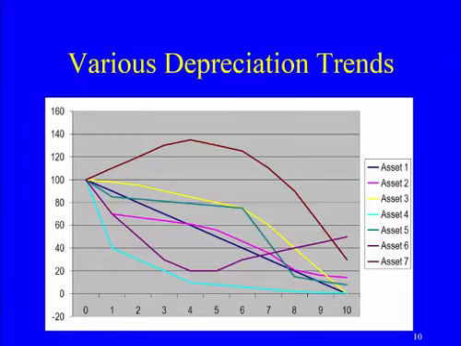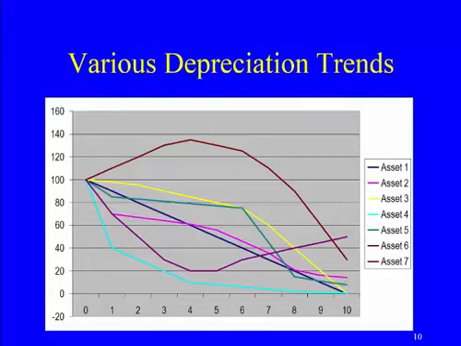We now come to the seventh asset under consideration, and this one has an even more extraordinary depreciation character, where from new its value actually increases and continues to increase over a period of years until it reaches a peak. Thereafter, its value falls away.